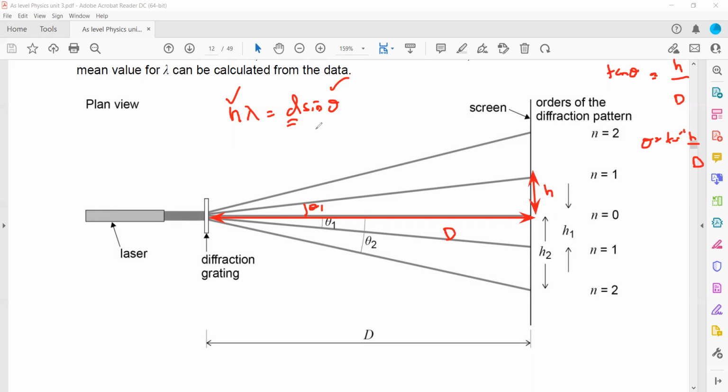How do we get d? d is the gap between the two slits: the length of the grating element divided by the number of slits. For example, say the grating element is 5 centimeters or 10 centimeters long.